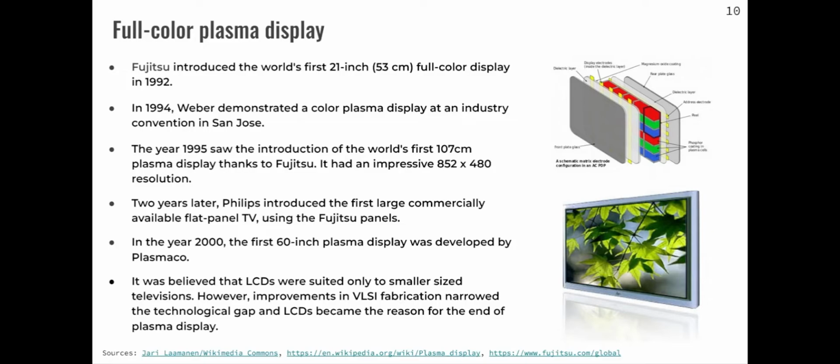It was believed that LCDs were only suited to smaller size televisions, but improvements in VLSI fabrication narrowed the technological gap. The increased size, lower weight, falling prices, and often lower electrical power consumption of LCDs made them competitive with plasma television sets at that time.